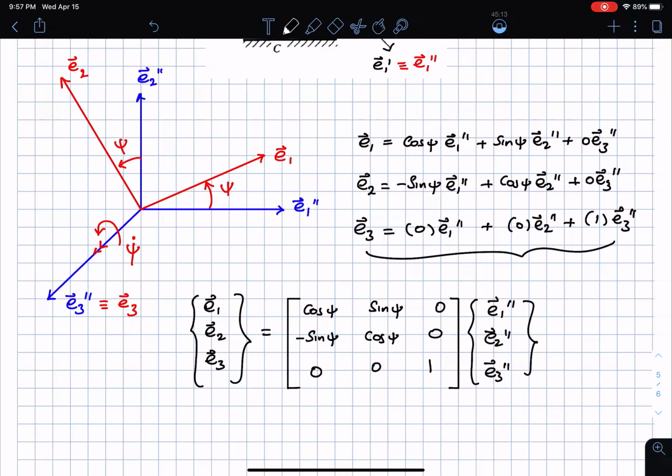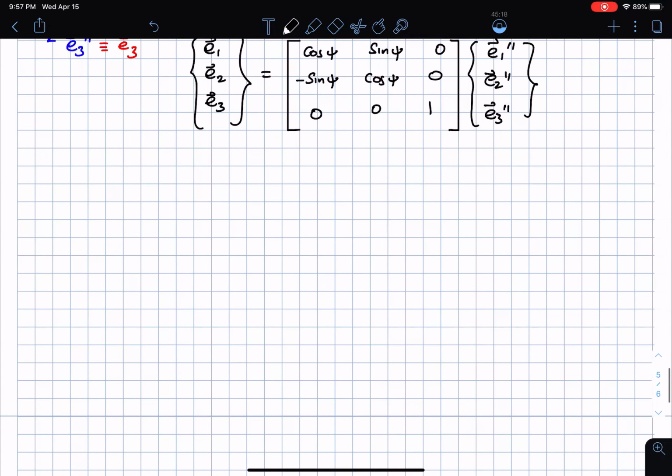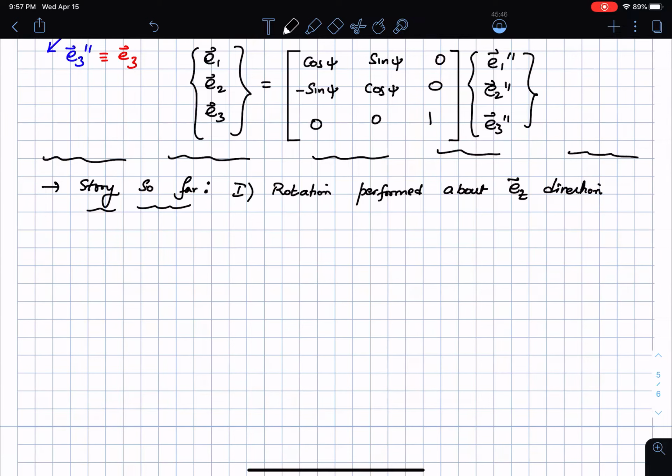So we are almost there. Okay, this is the third rotation, and so I'm going to start collating all these rotations. Okay, so far here is what we have. So, story so far. Okay, rotation performed about the E3 direction at a rate phi dot.